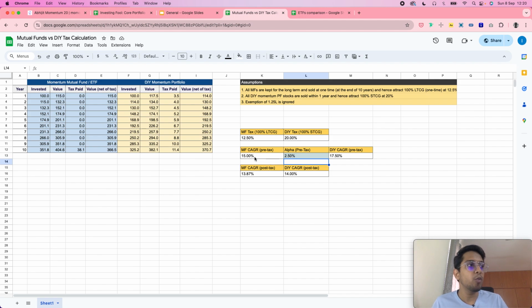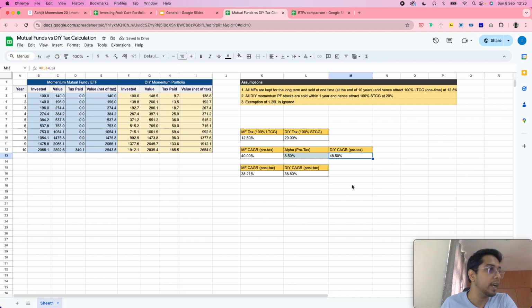But if your mutual fund is returning like 40%, okay, then how much do you have to outperform to reach that same amount, right? So let's make it 7.5 maybe. Even with 7.5% alpha, if the mutual fund is returning 40%, it is difficult to beat it, right?